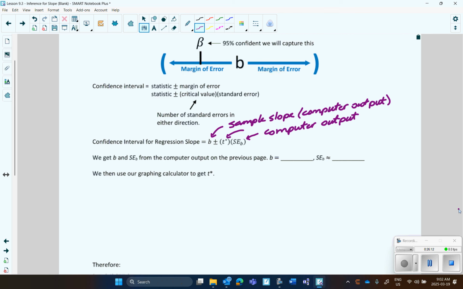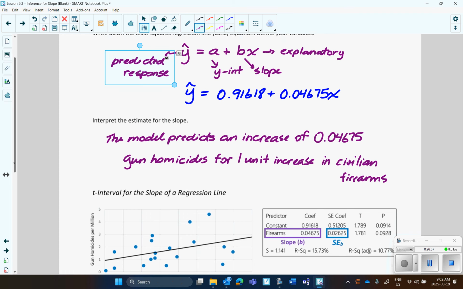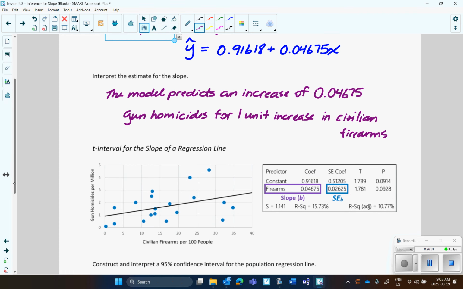So from that computer output on the previous page, remember the slope was 0.04675. To find the standard error, it's the one in blue here. And look at the column title.